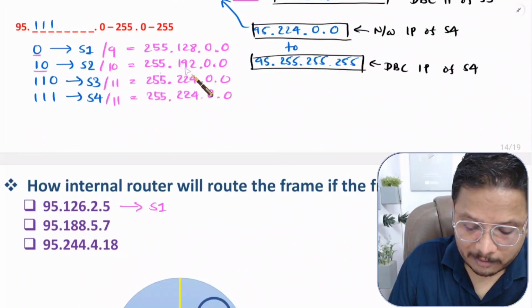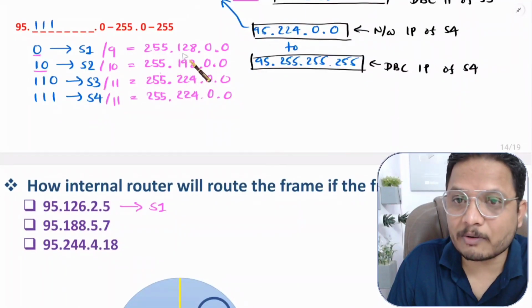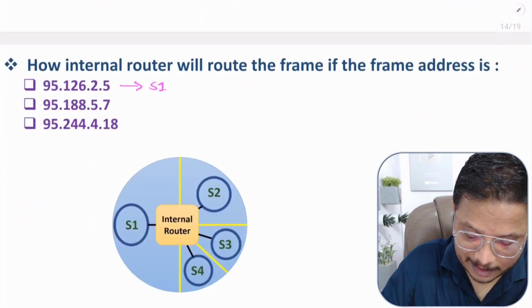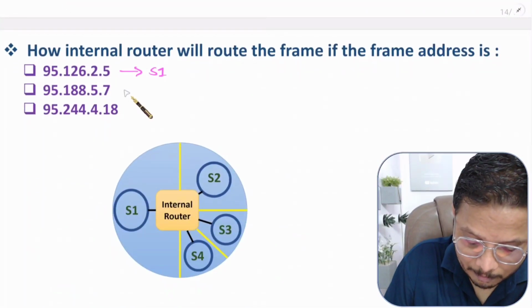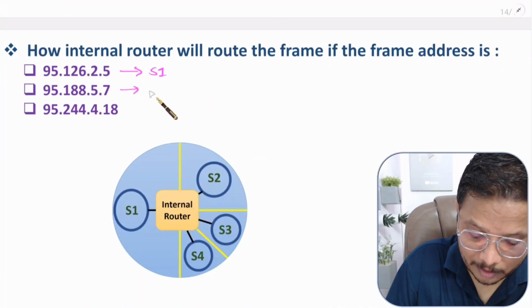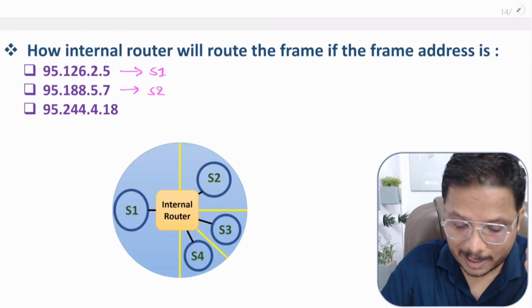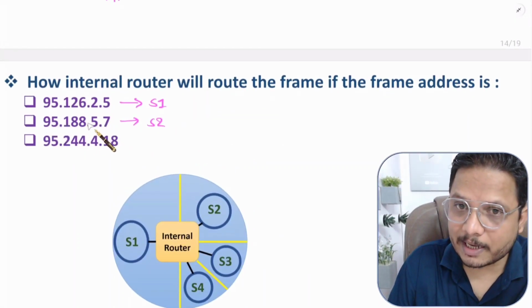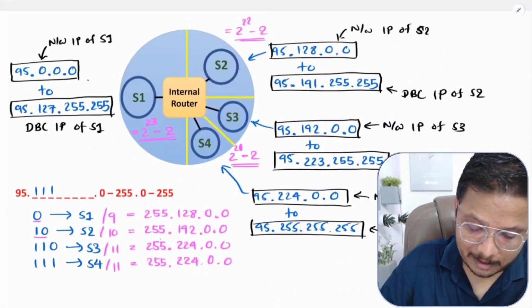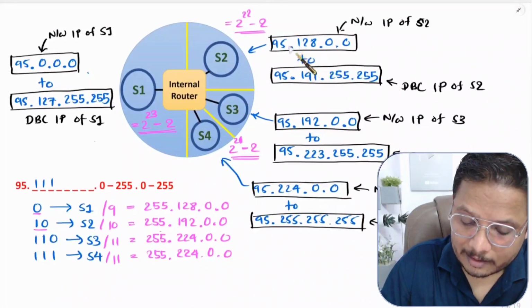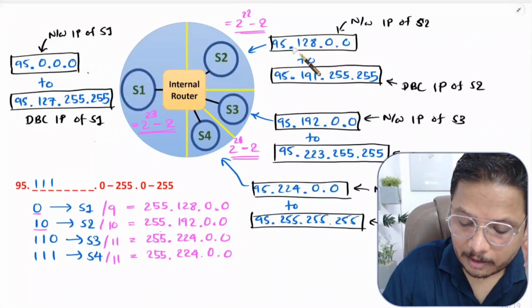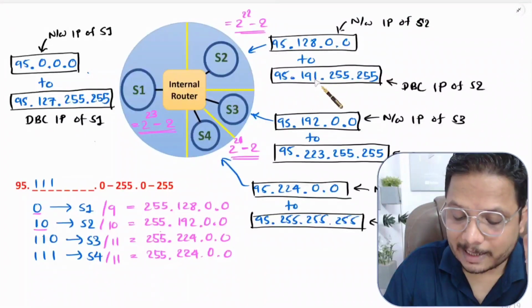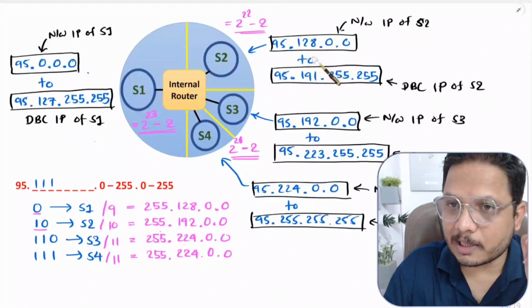So if it is lower than 192 and higher than 128, then the internal router will directly pass it on to S2. You can observe that this IP range is in between 95.128 to 95.191, so it falls in this range only.